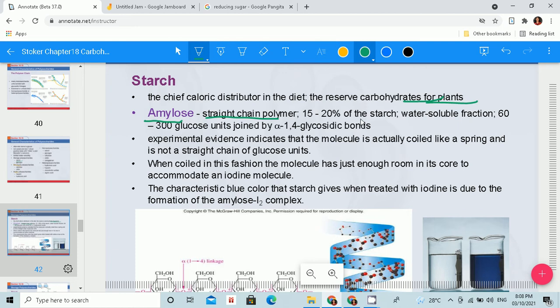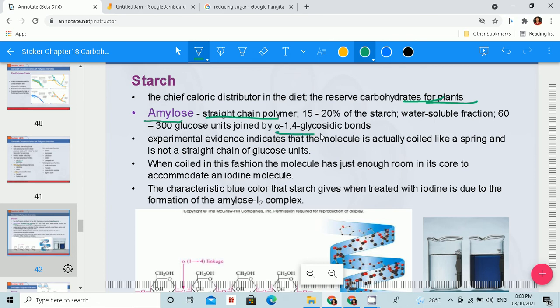Amylose is just a classification of our starch. It is water soluble, 60 to 300 glucose units joined by 1,4 glycosidic bonds.